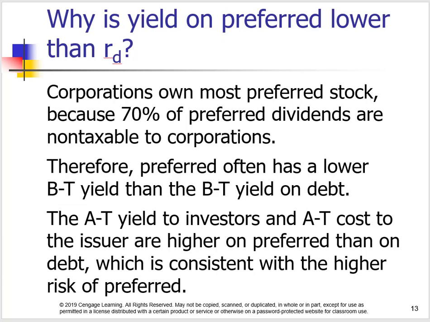So corporations own most of the preferred stock. About 70% of the dividends are not taxable to corporations. They get, in quotes, a little benefit for this. So not a lot of investors own preferred stock. Again, preferred often has a lower before-tax yield than the before-tax yield on debt.